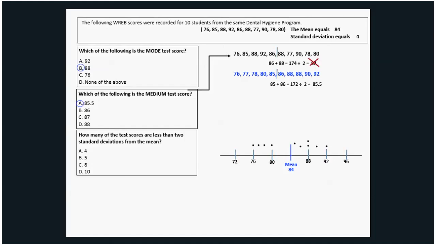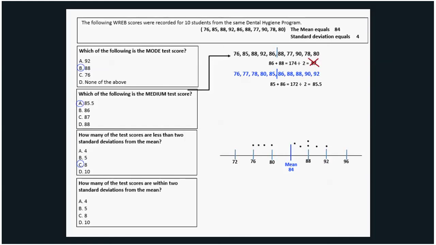We know our 2 standard deviations fall from 76 to 92. So how many of them are going to be there? 1, 2, 3, 4, 5, 6, 7, 8, 9, 10. Or less than 2. So that means we're not counting 76 and we're not counting 92. So they're less than 2 standard deviations, so it's going to be 8 is our number there.